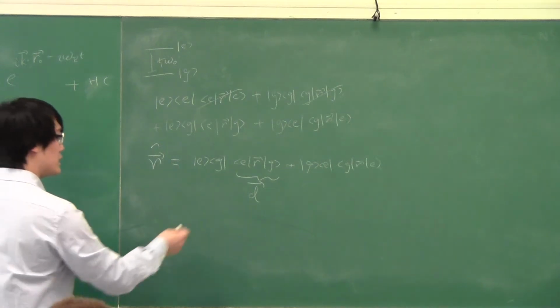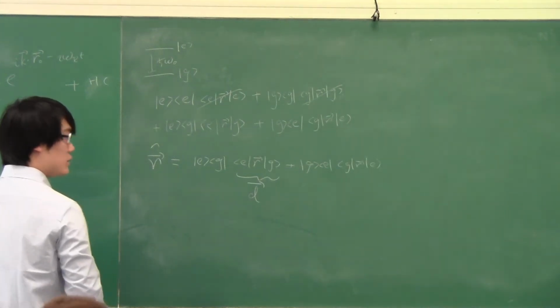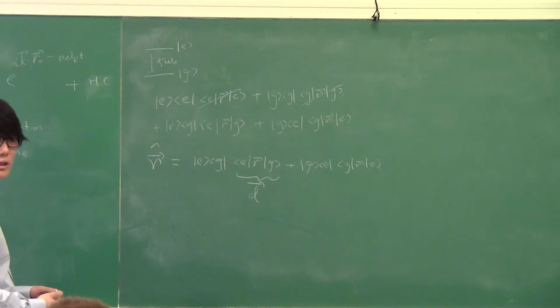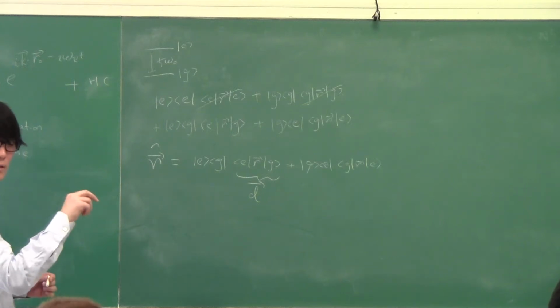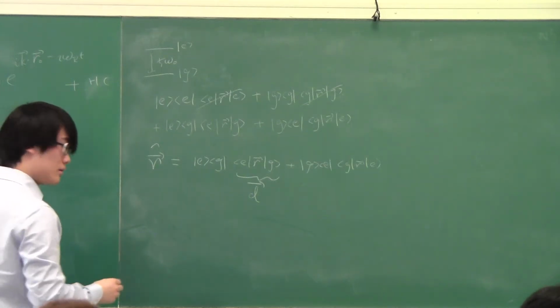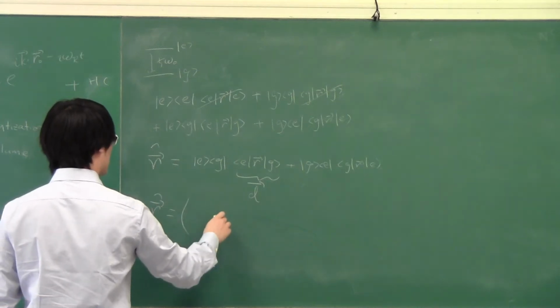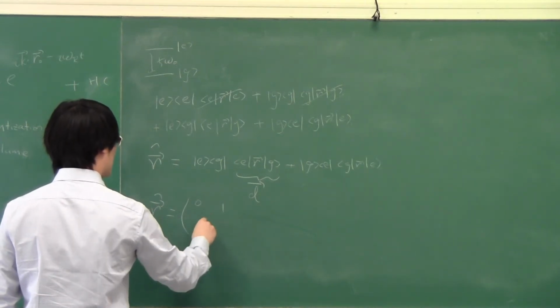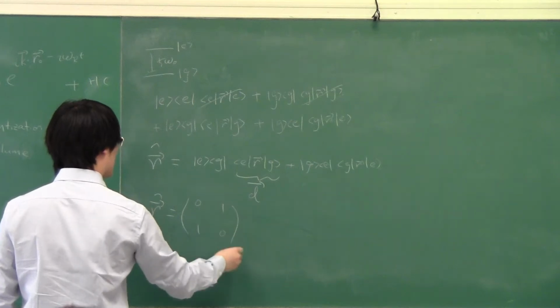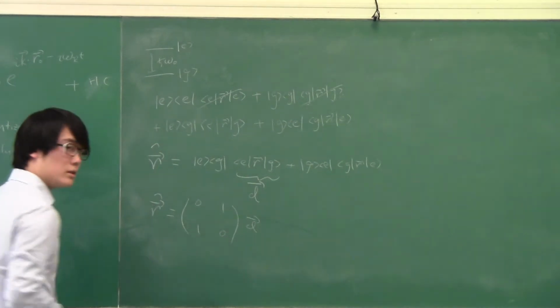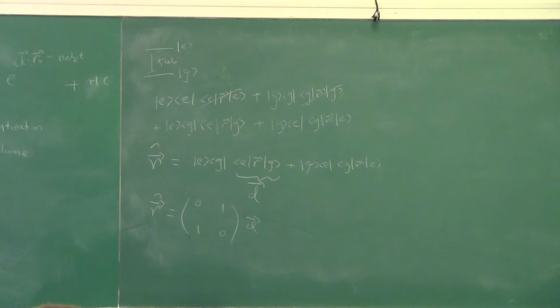That name is not so bad. Because we only have two states, the matrix representation is going to be a 2x2 matrix with only off-diagonal elements. So r is represented simply as D times the matrix 0, 1, 1, 0.